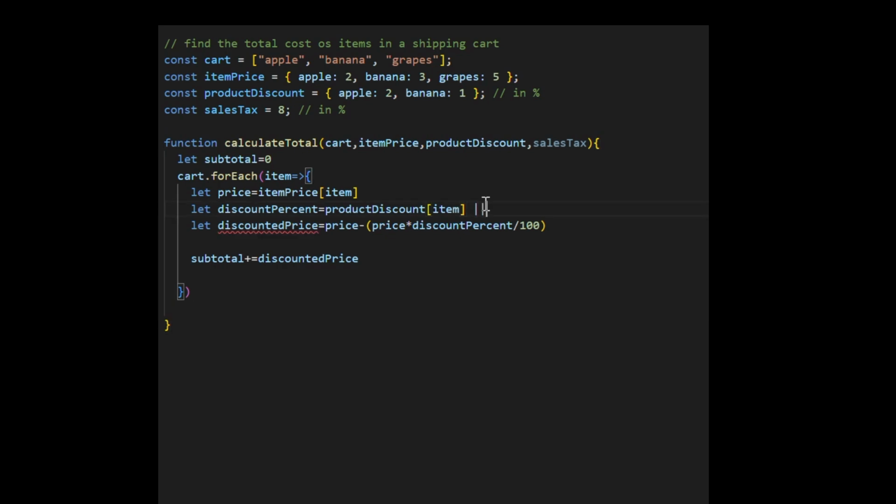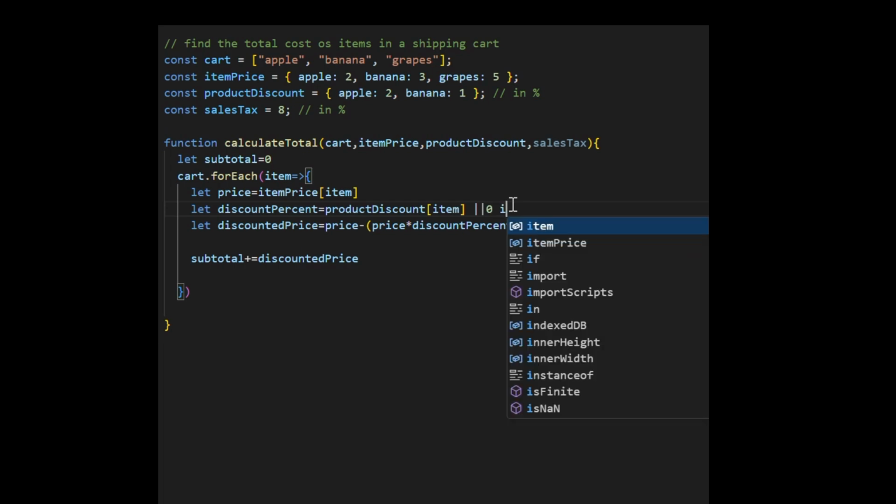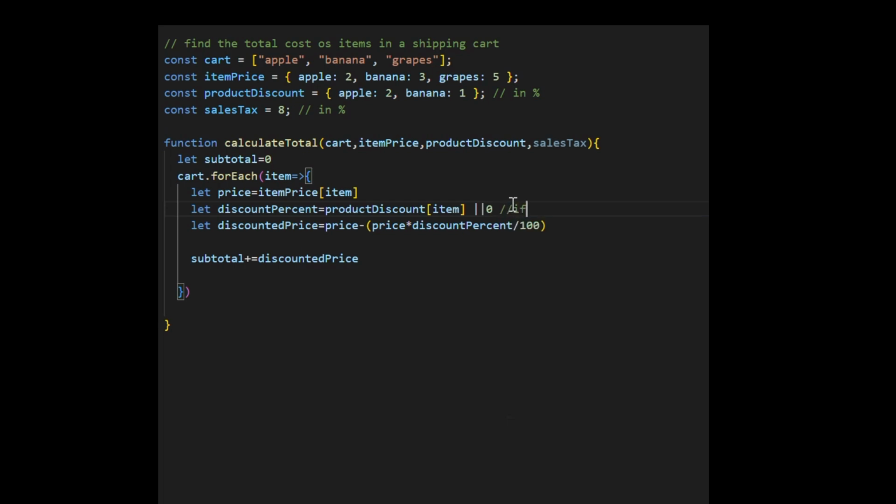Use or 0, because if there is no mention, then default 0. Okay, default 0.